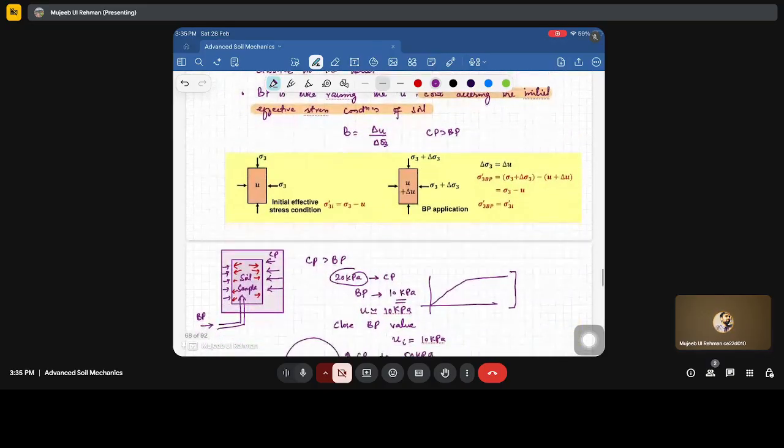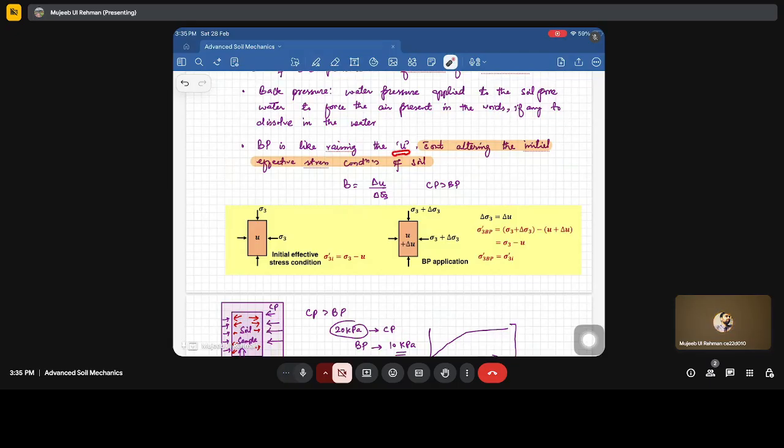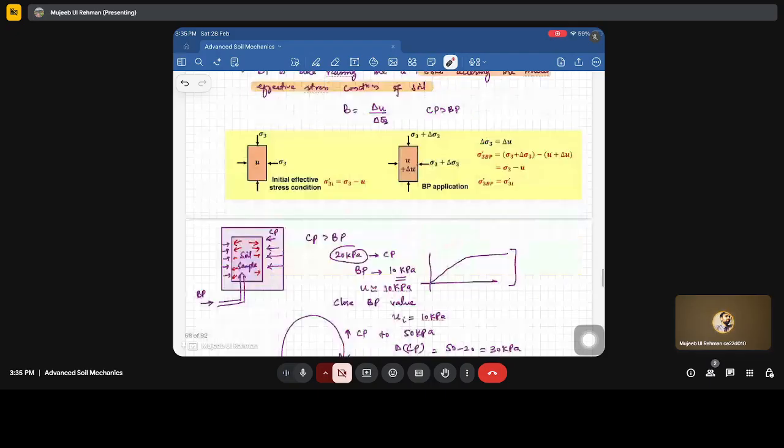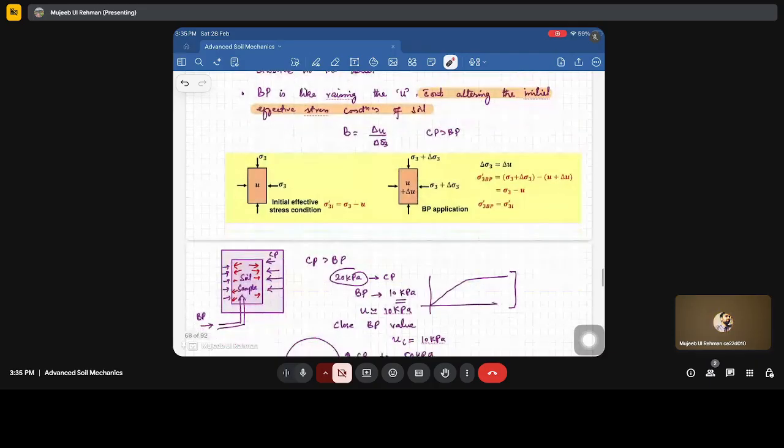Also, as I told you, back pressure is like raising the U without altering the initial effective stress conditions of the soil. So B is calculated as delta U by delta sigma 3, as I showed here, and the cell pressure should always be greater than the back pressure. If it is not, then the sample will start bulging.